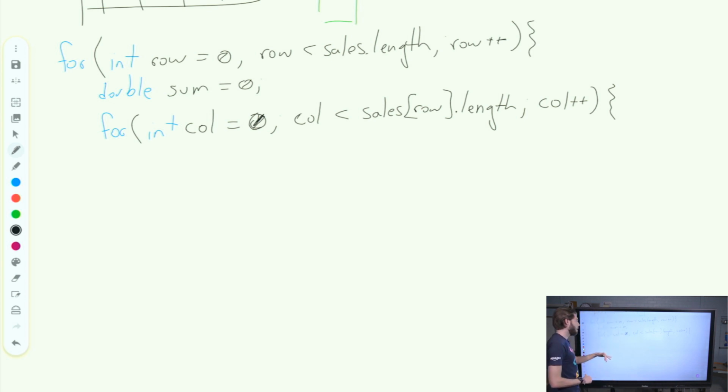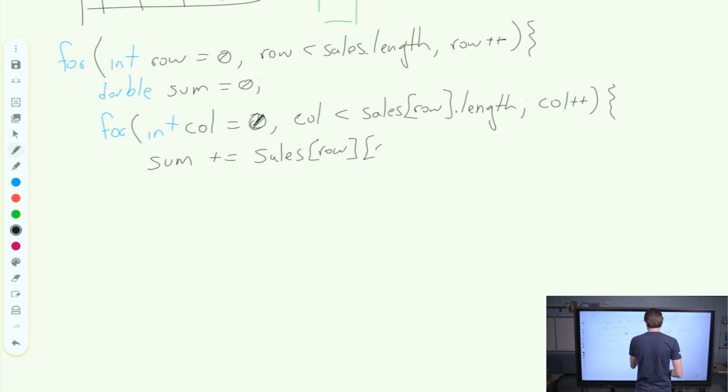Okay, so now we do our basic algorithm for summing an array, where we're simply going to say sum gets the value at sales at that row and column position. And we loop through until we do that.